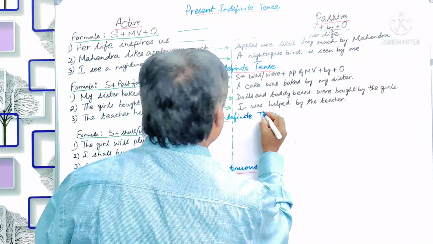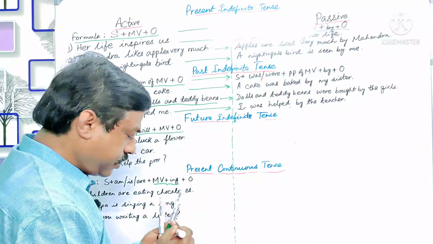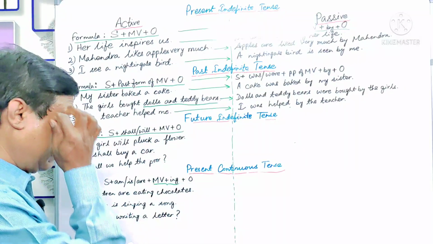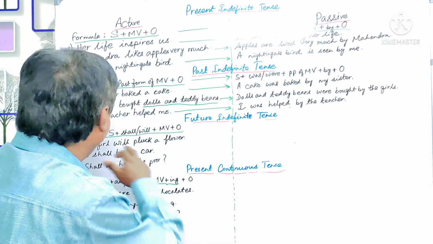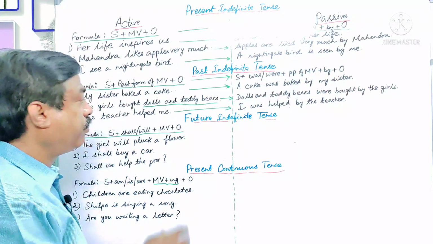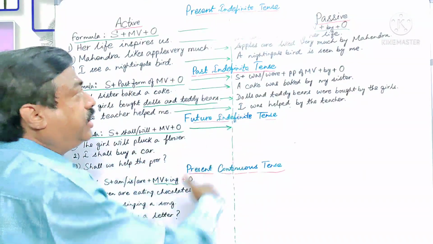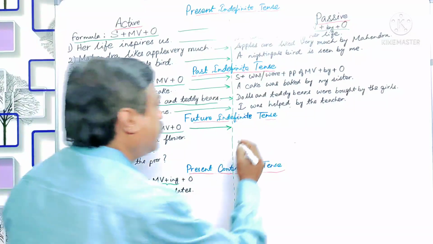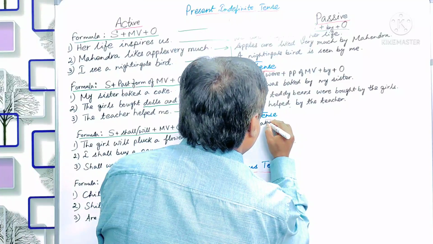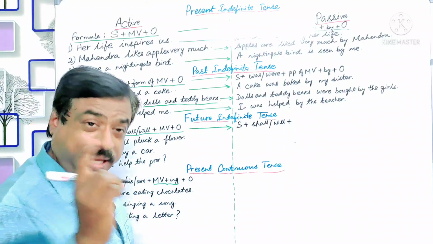Now I will come to the future indefinite tense. First of all is the formula here. In the active voice, the formula is subject plus shall or will plus main verb plus object. And the formula in the passive voice will be subject plus shall or will plus be.